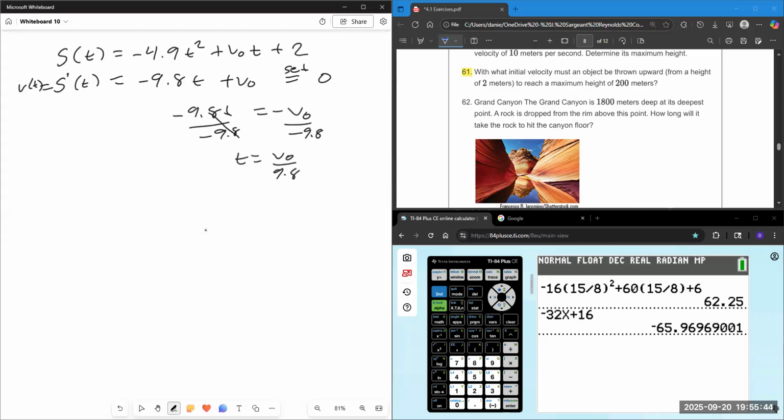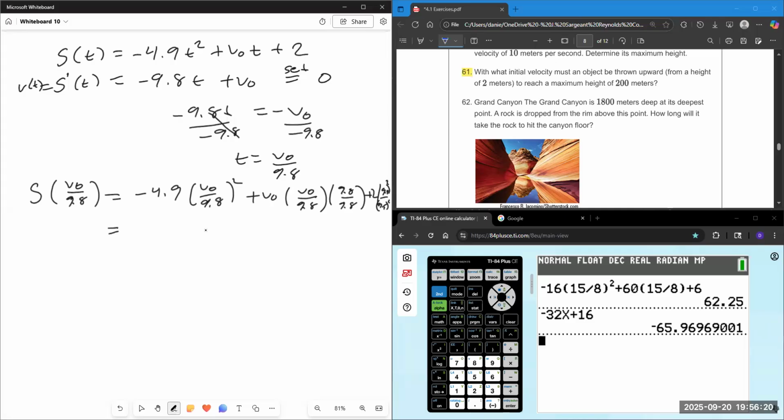So come back to our position equation. s of v naught over 9.8 is negative 4.9 times v naught over 9.8 squared plus v naught times v naught over 9.8. Let's make a common denominator here by multiplying by 9.8 over 9.8, plus 2, common denominator 9.8 squared over 9.8 squared.